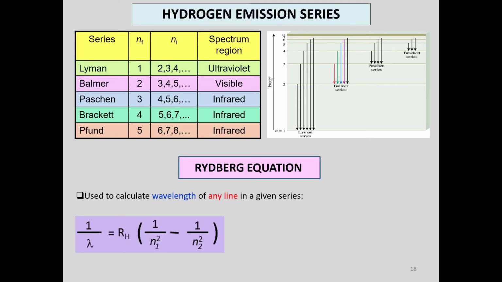So this is the hydrogen emission series yang you guys kena hafal. So kita ada 5 series. Kita ada Lyman, Balmer, Paschen, Brackett and Pfund. Okay, only Balmer yang dalam visible light lah. So this 5, apa yang beza dia?